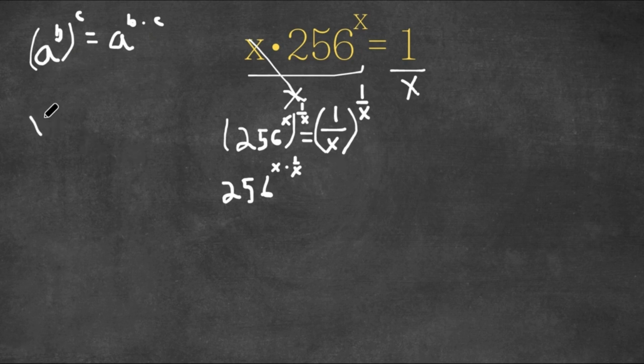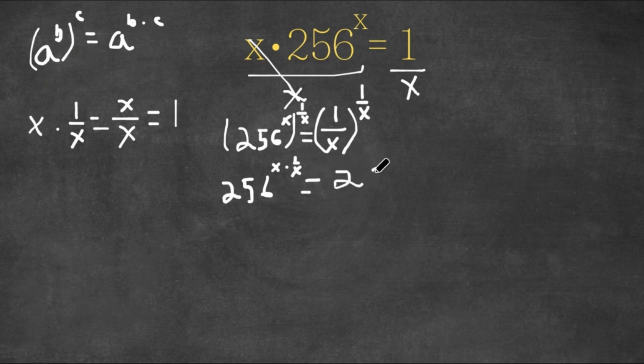Now x times 1 over x is equal to x over x, which is equal to 1. So this is equal to 256 to the power of 1, which is the same thing as just simply 256.